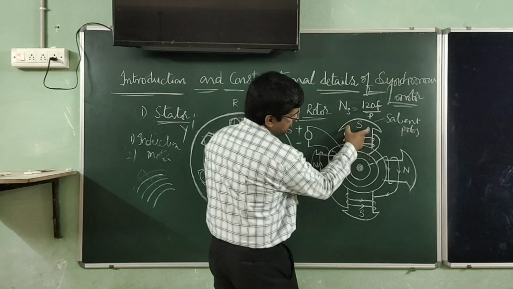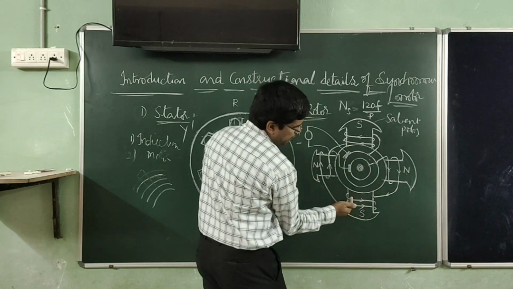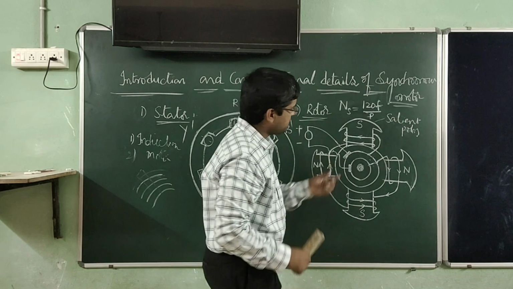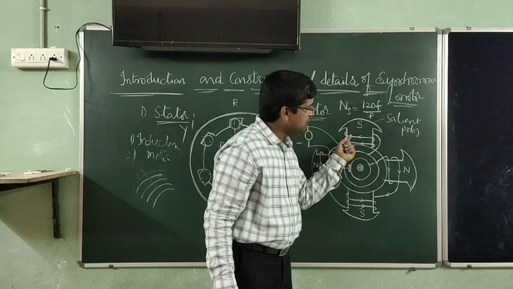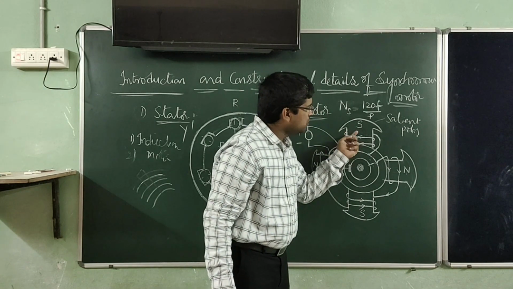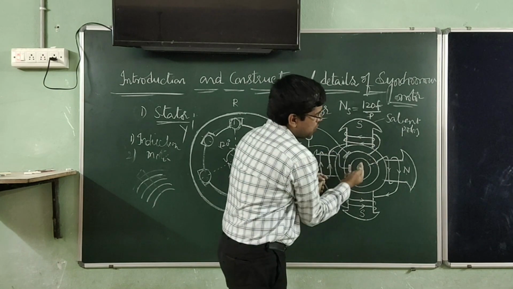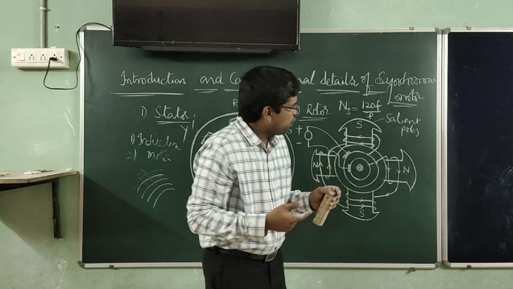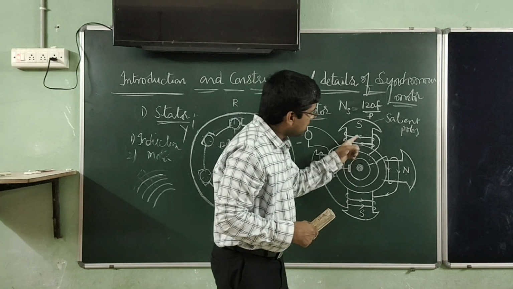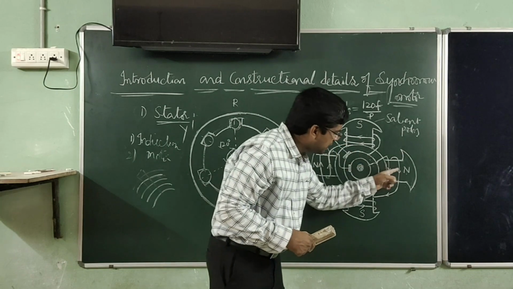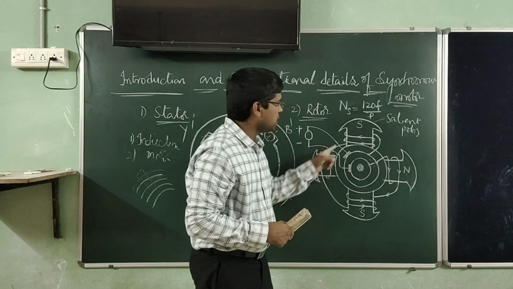These salient poles have a winding wound around them, which is called the field winding. The field winding is wound around the pole core in such a way that the current flowing into it forms alternate north and south poles.